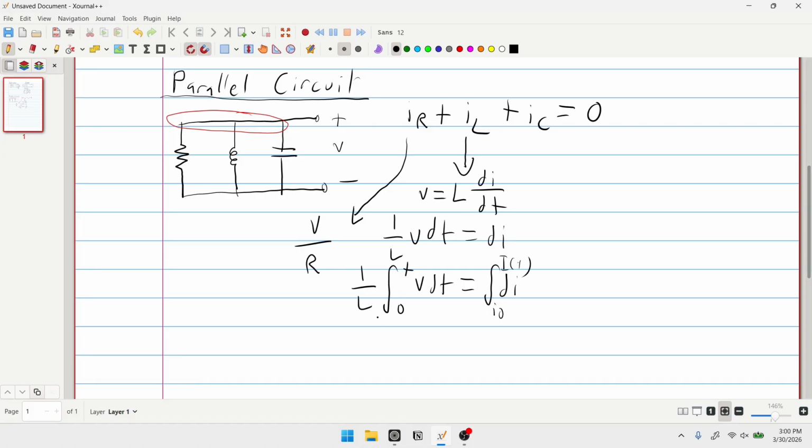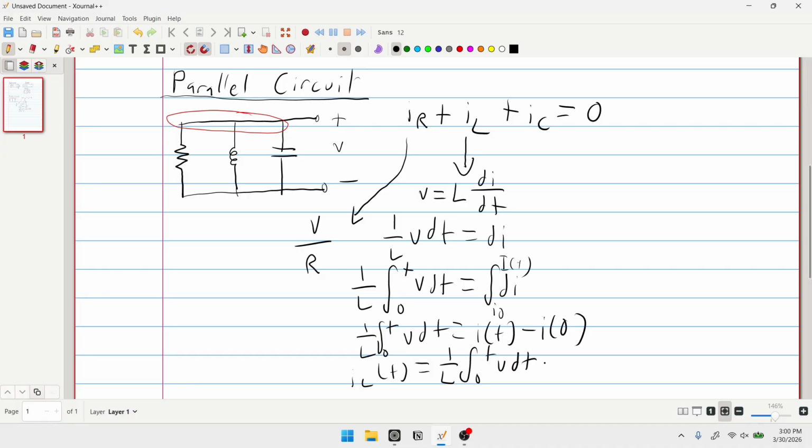So integrating, we get 1 over L, integral from 0 to t of V dt equals I of t minus I initial. And so that would get us I_L of t equals 1 over L integral from 0 to t of V dt plus I initial, I of 0, the starting current through it. There, let me add that.